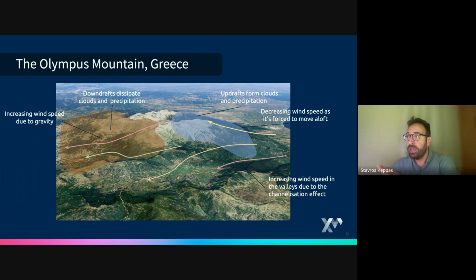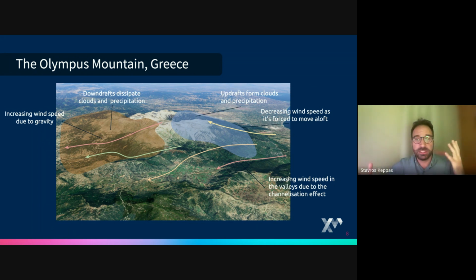In this specific case, as the air moves towards the lower ground areas, due to gravity, the wind speed increases. Also, if we have airflows along the valleys, then due to the tunnelization effect, we have much more intense wind speeds within the valleys.